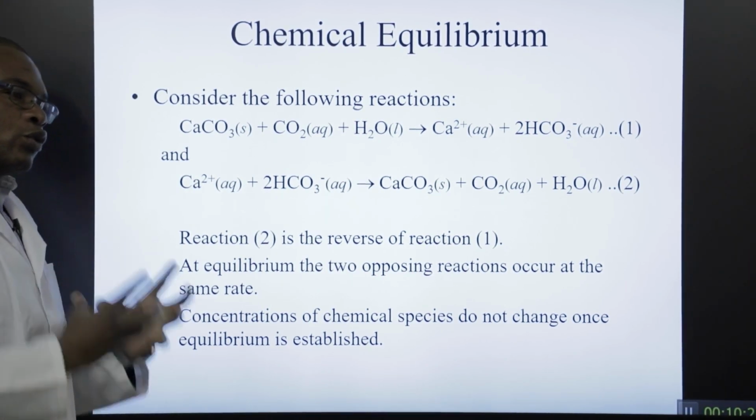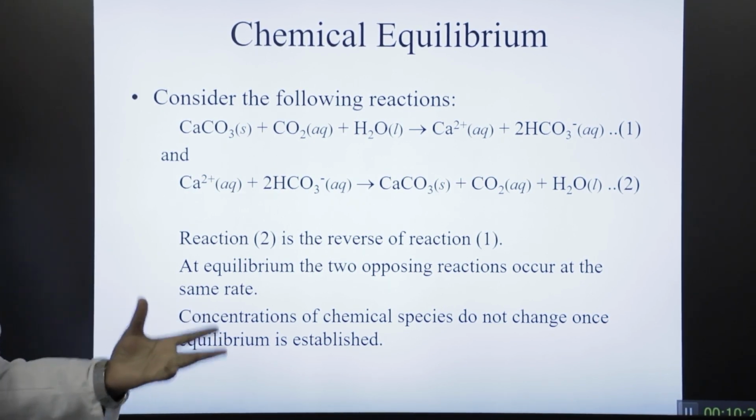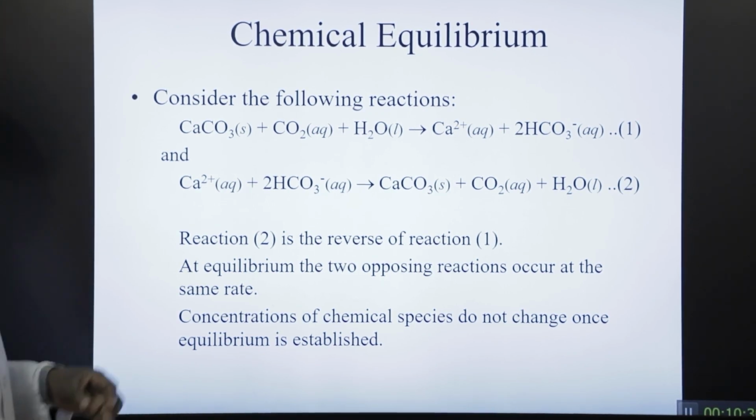So you realize that the easiest way of keeping track of the reaction and how it is taking place is to monitor the changes in concentrations of the chemical species involved in the reaction system.